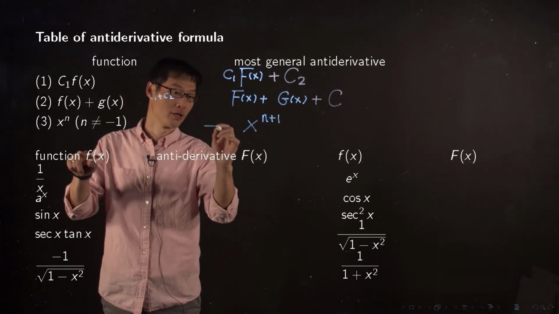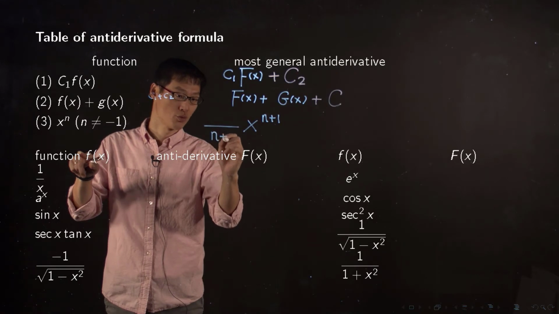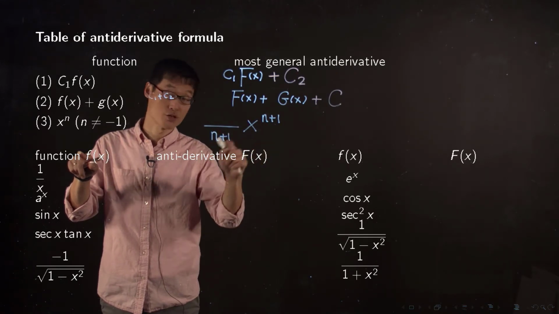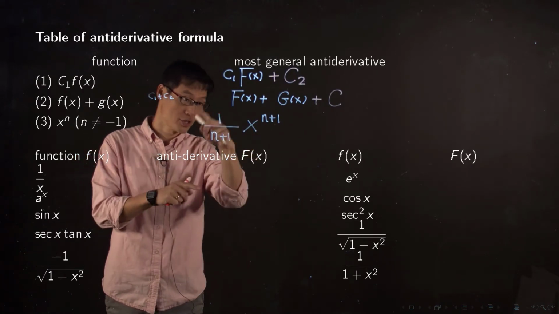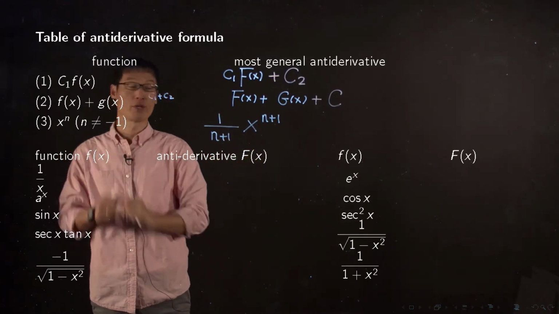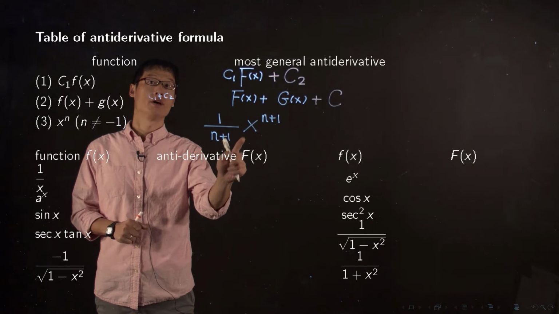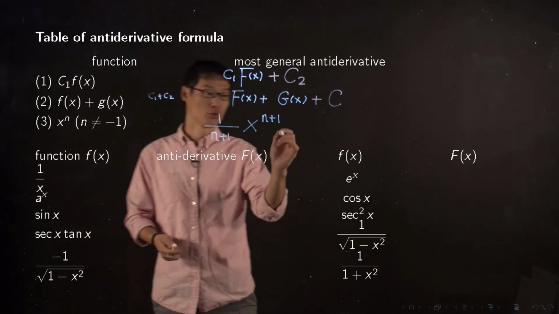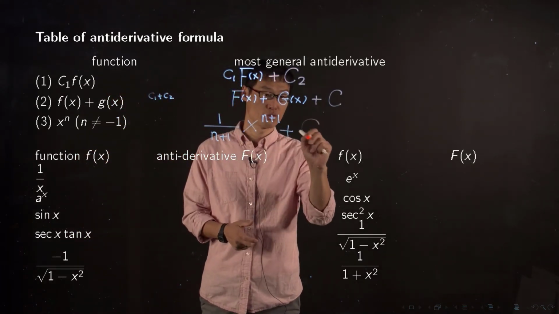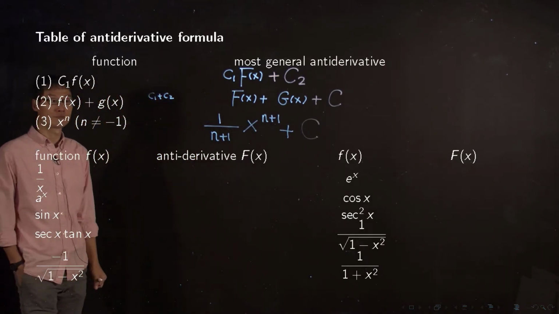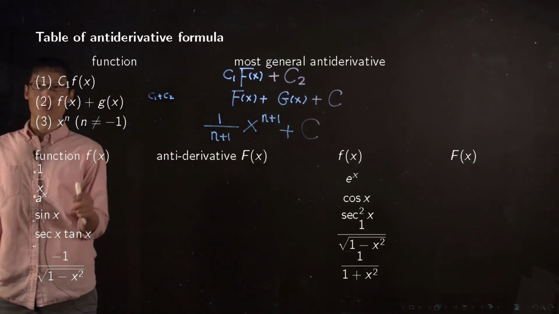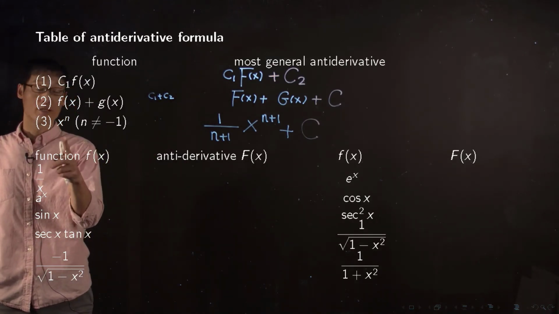That's why you want to put n plus 1 in the denominator so that you have canceling. Once you take derivative, you will get back to x to the n. So that is an antiderivative, and you want to put constant c to get the most general antiderivative. This is true when n is not negative 1.